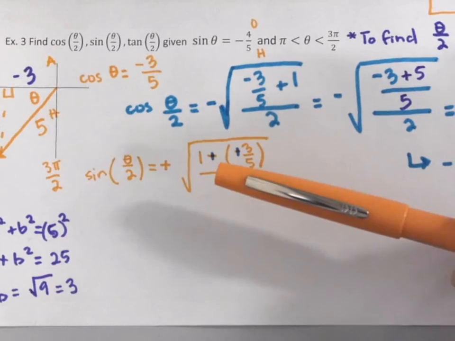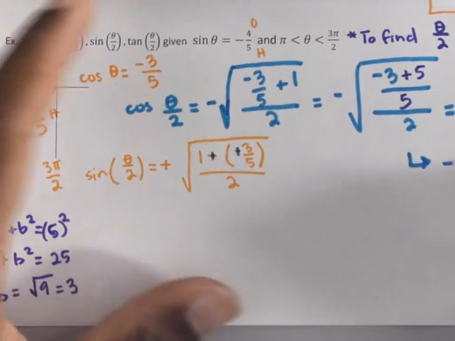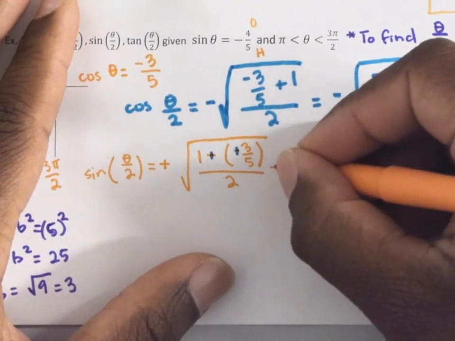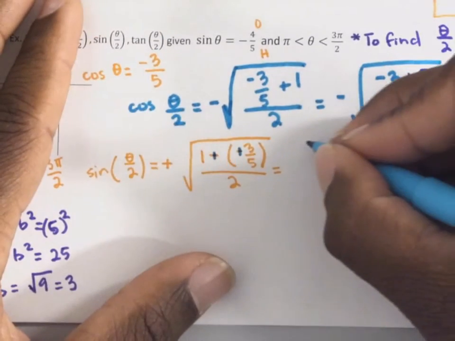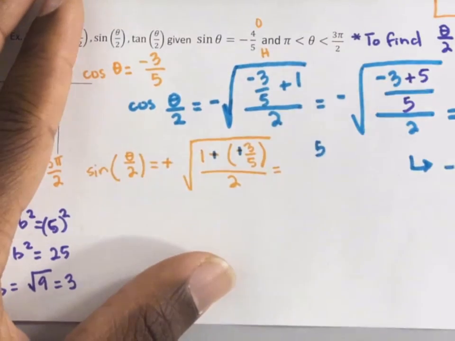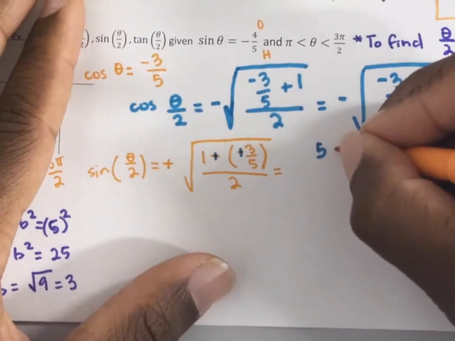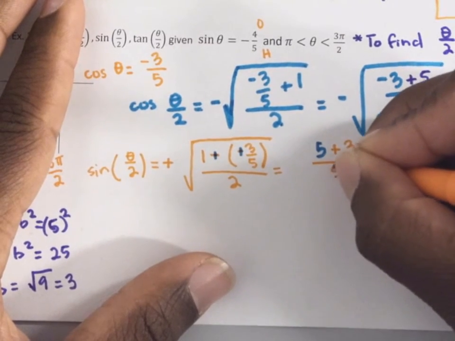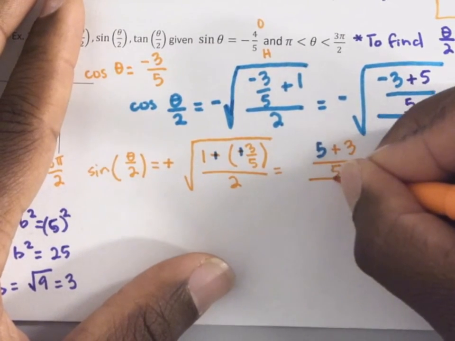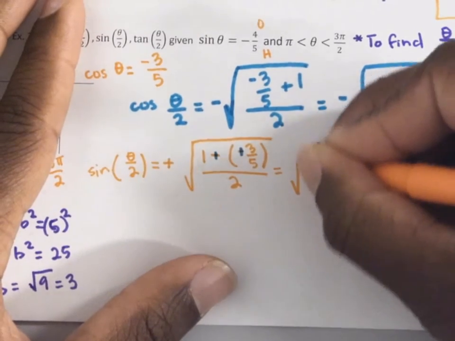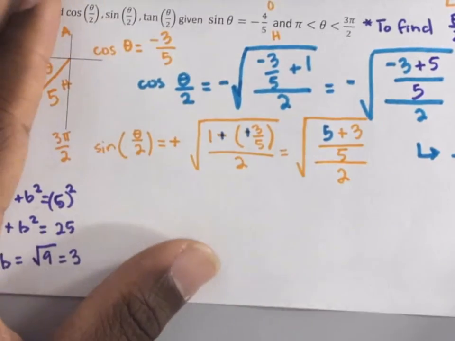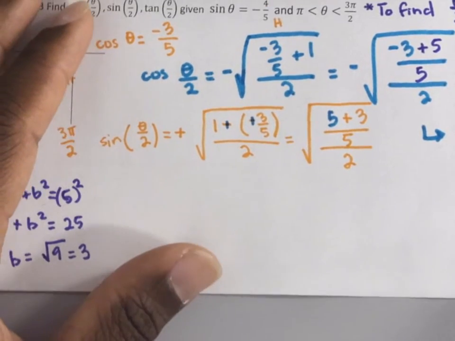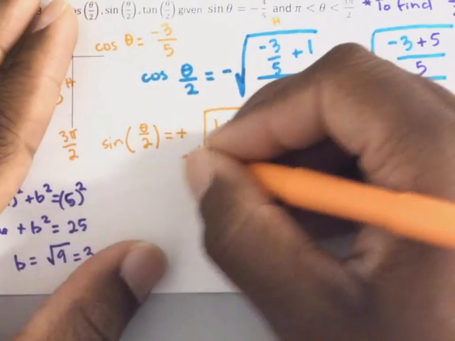And then I need to write 1 to be a number with the denominator of 5. So I get 5 over 5 plus 3 over 5, all divided by 2. 5 plus 3 is 8.